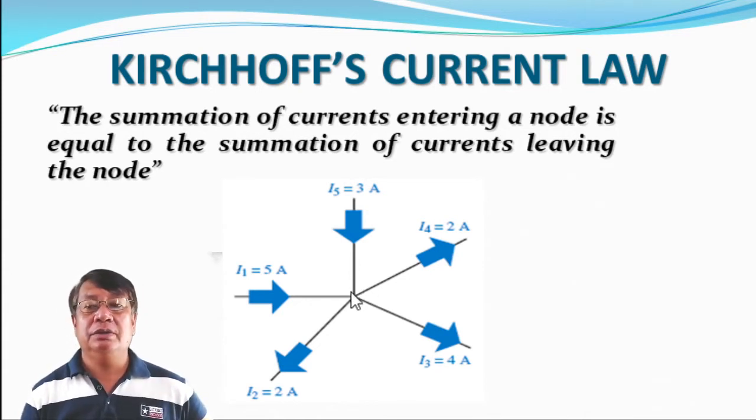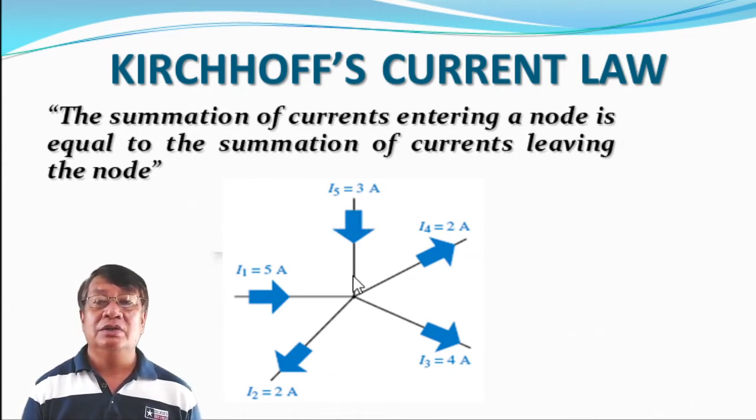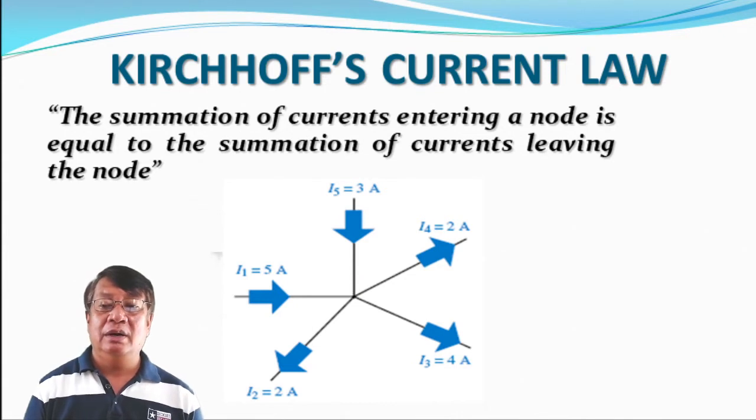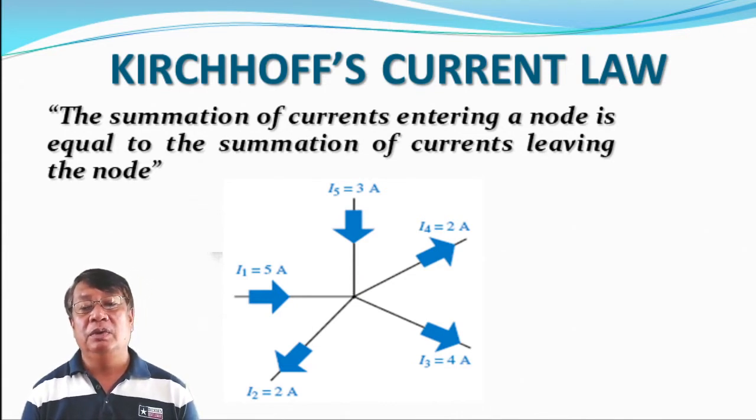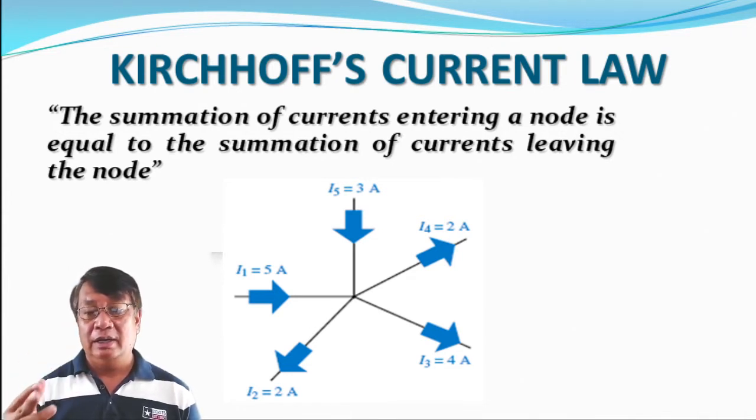As you can see, the direction of the current is presented by an arrow. Your I sub 1 is entering the node, I sub 2 is leaving, I sub 3 is leaving, I sub 4 is also leaving, and I sub 5 is entering. So we have only two currents entering the node, and three currents, I2, I3, and I4, leaving that node.